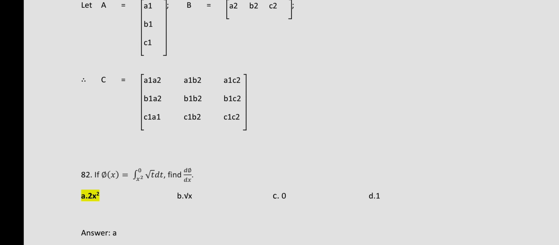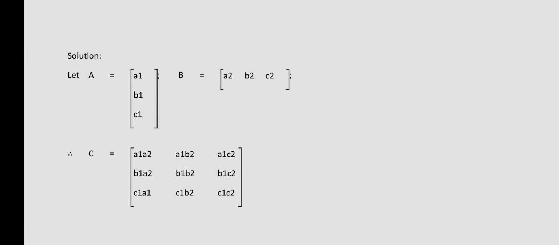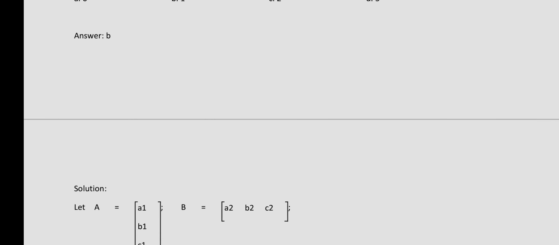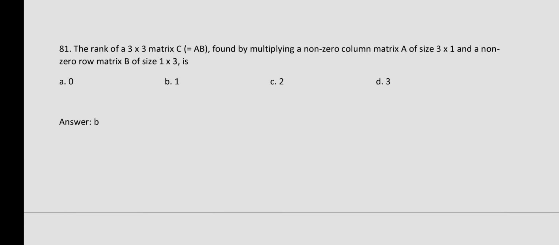Tapos, irarank mo siya, sagot mo dyan ay 1. Kaya matrix C is A1A2, B1A2, C1A2 pababa sa column niya, pangalawang column A1B2, B1B2, C1B2, pangatlong column A1C2, B1C2, C1C2. Pag lumabas na lang yung tanong na yan, bihira naman lumabas sa board exam yan. Sagot dyan ay letter B.